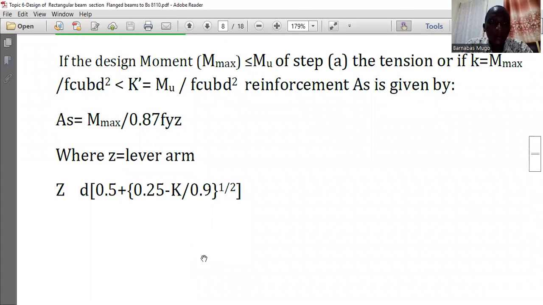Then from there, we are going to be using this formula, that is, AS for the tension is given by M maximum over 0.8 FY Z, where Z is the lever arm given by this equation that you can see here.